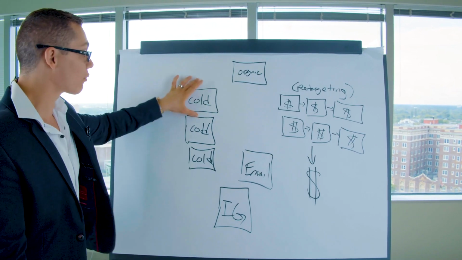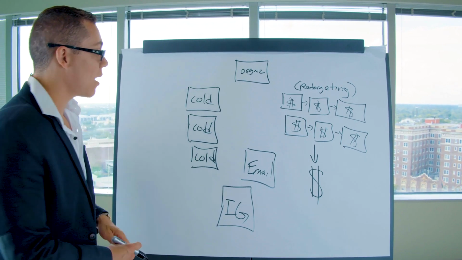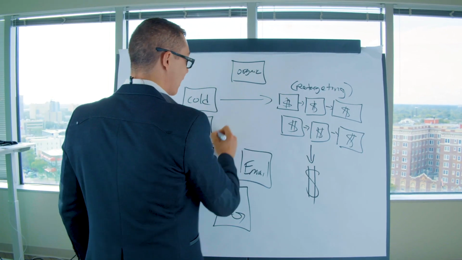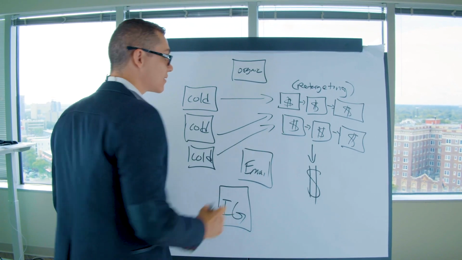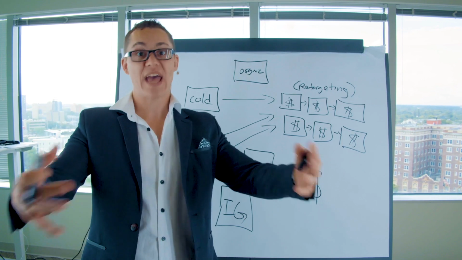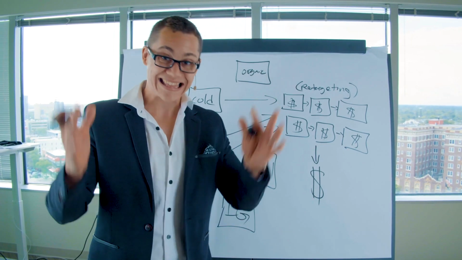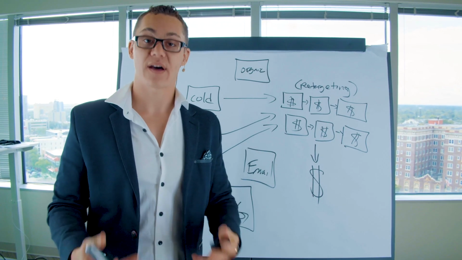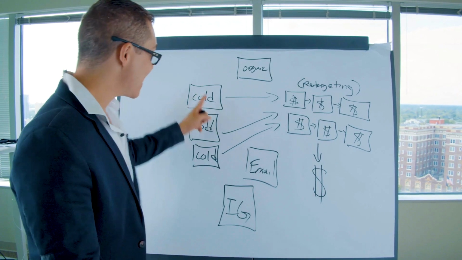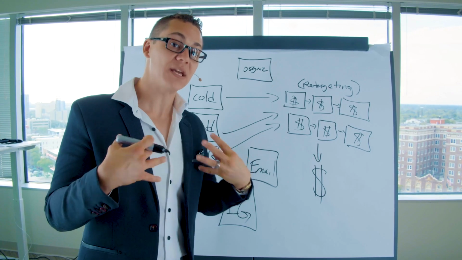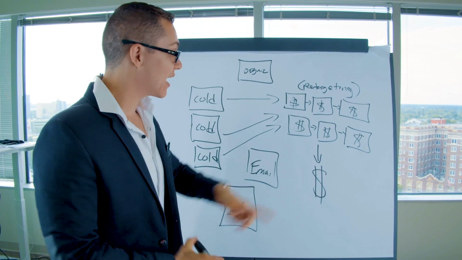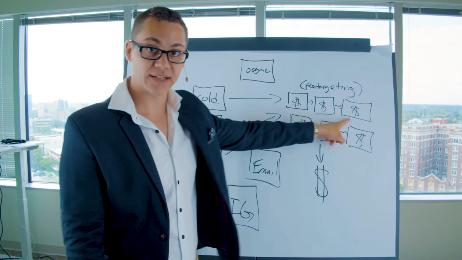So if you broke even on all your cold ads, but these cold ads were feeding a retargeting system that was at 5 or 10 or 15 to 1, at the end of the day, you're going to make a lot of money, all right? And that is what really has made me a ton of money on Facebook, is the retargeting ads, right?